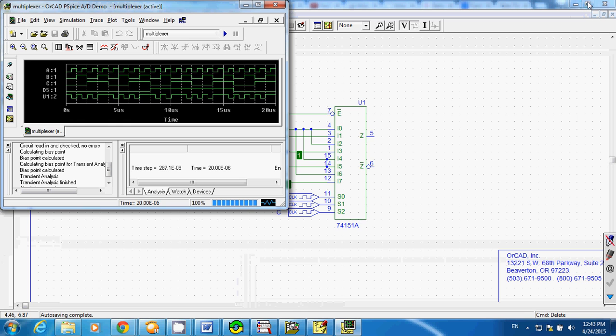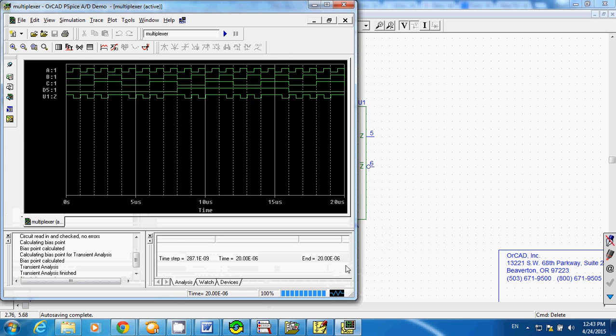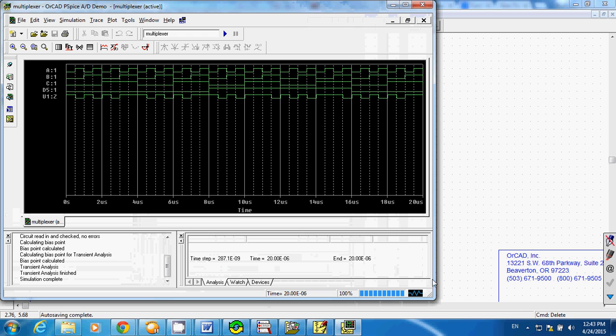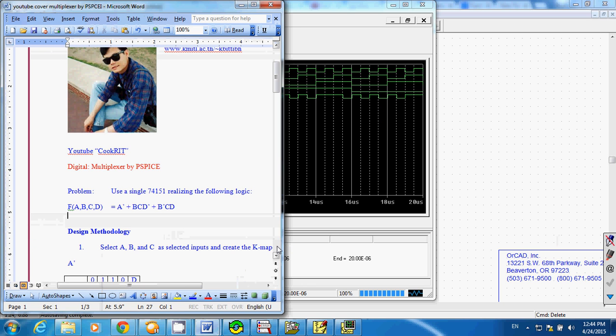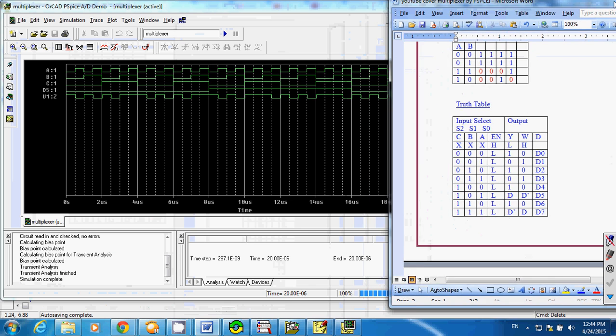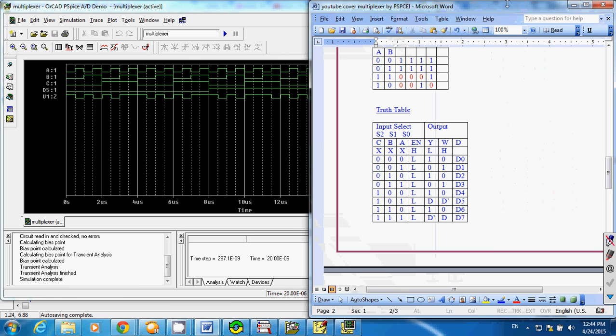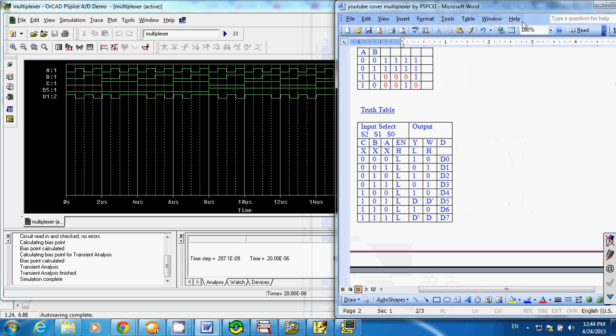Now it's going to be the time you want to check your design. Okay, let's blow this up a little bit and bring the truth table up. Now let's see if we have the right output.